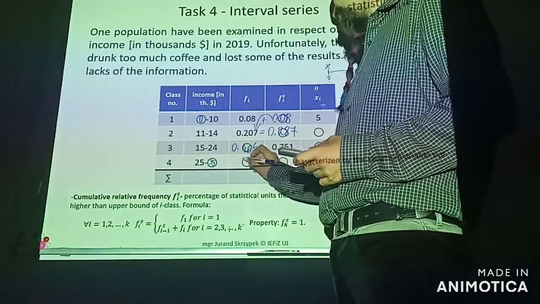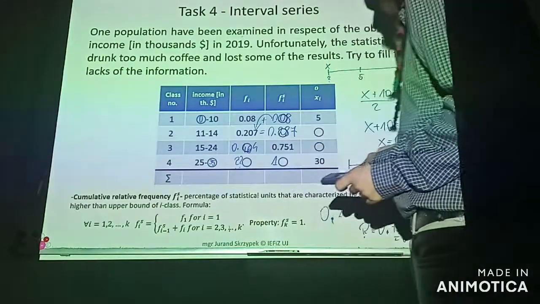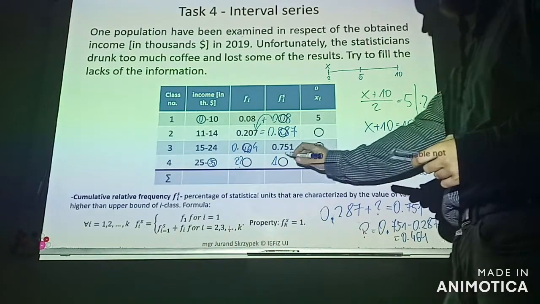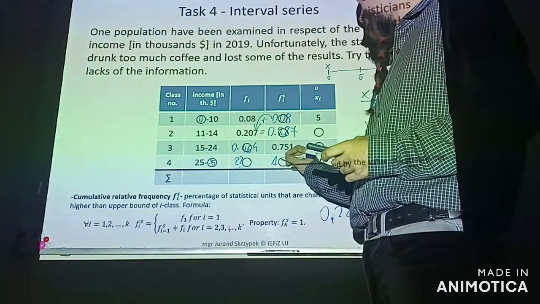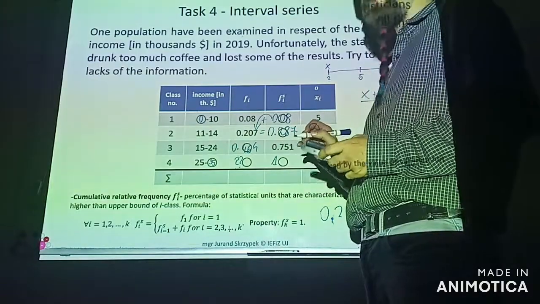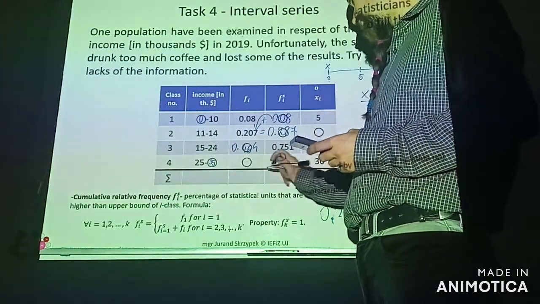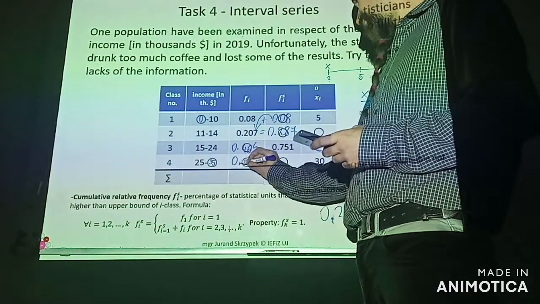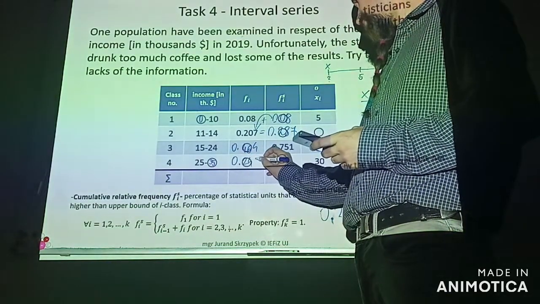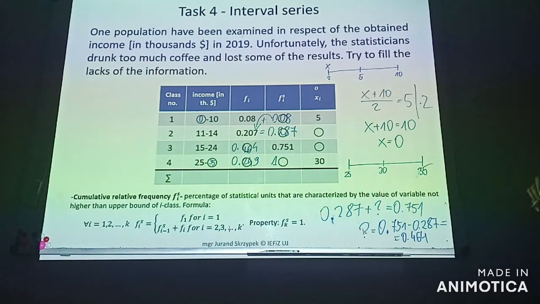So this value will be the result of subtracting 0.751 from 1. The difference between both values is 0.249. Yes, it's very easy.